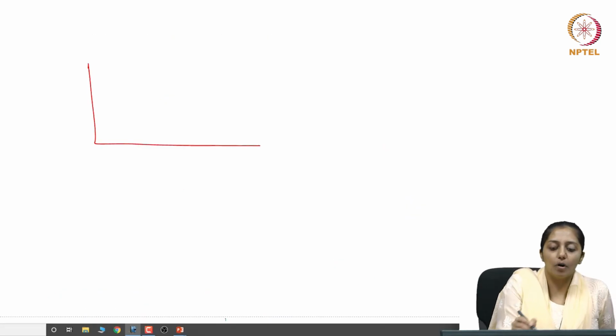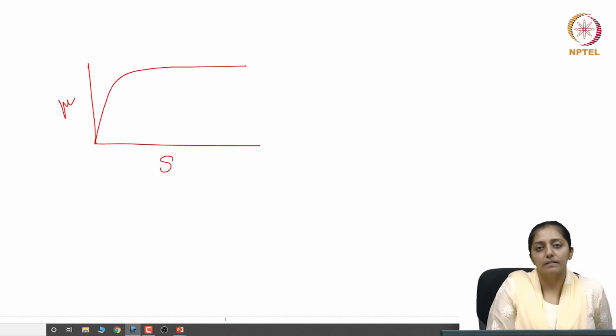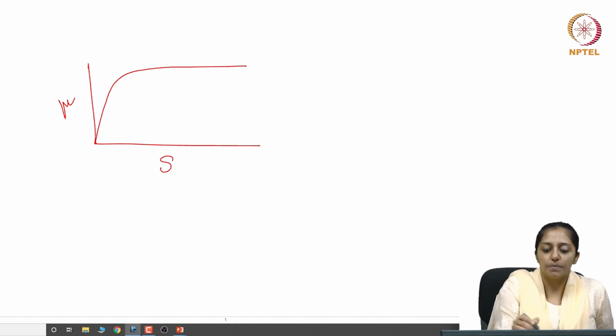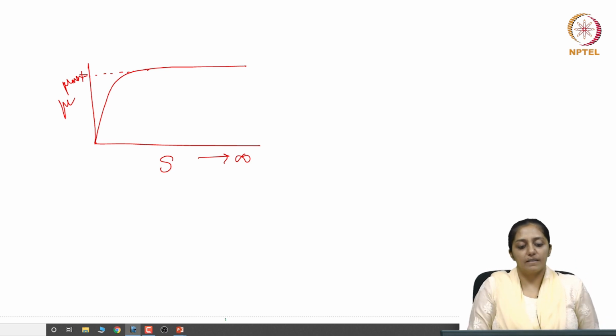If you make a plot of mu versus S, a culture following Monod's kinetics will show you a saturation curve like this, which means, as was mentioned in the point, that as S is in excess, the mu becomes equal to mu max.